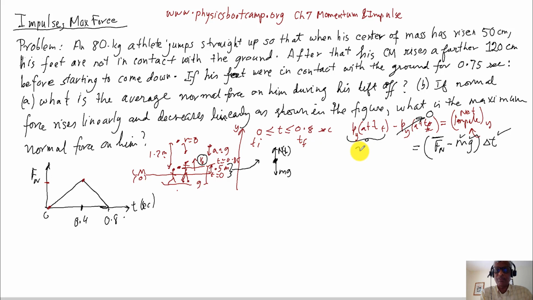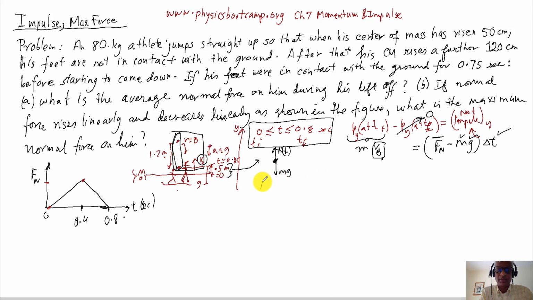So this is m v0, because v0 is upward, the y component is v0 itself. Looking at this motion is not enough to figure out v0. I need to use this other part, because that's all under gravity.